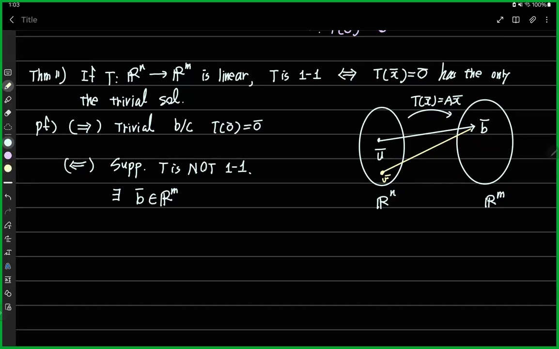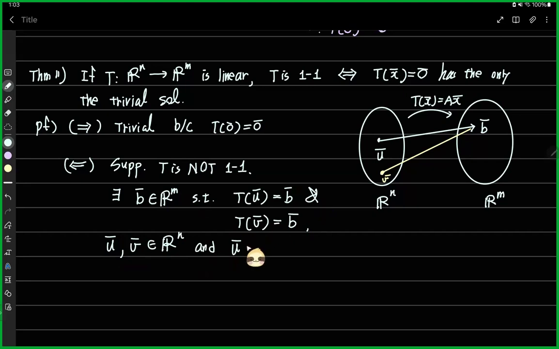So suppose T is not 1 to 1, then there exists a vector B in Rm space such that T of U is equal to vector B and T of vector V is equal to B. Here two vectors are in Rn space, and definitely the two vectors are distinct.